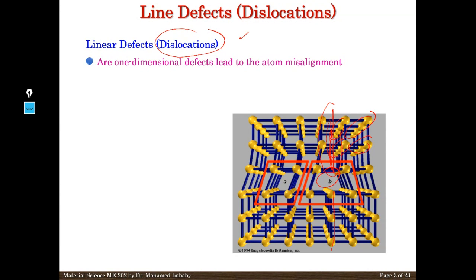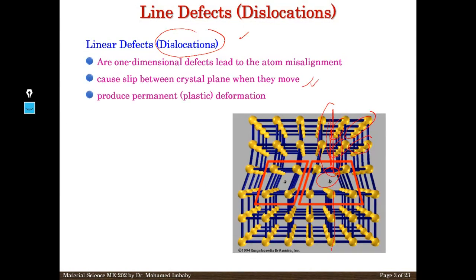Okay, that is called linear defects. This causes slip between the crystal planes when they move. I will explain this part in detail today. It produces a permanent plastic deformation. I think starting from maybe 2 more weeks, you will understand the difference between elastic and plastic deformation.